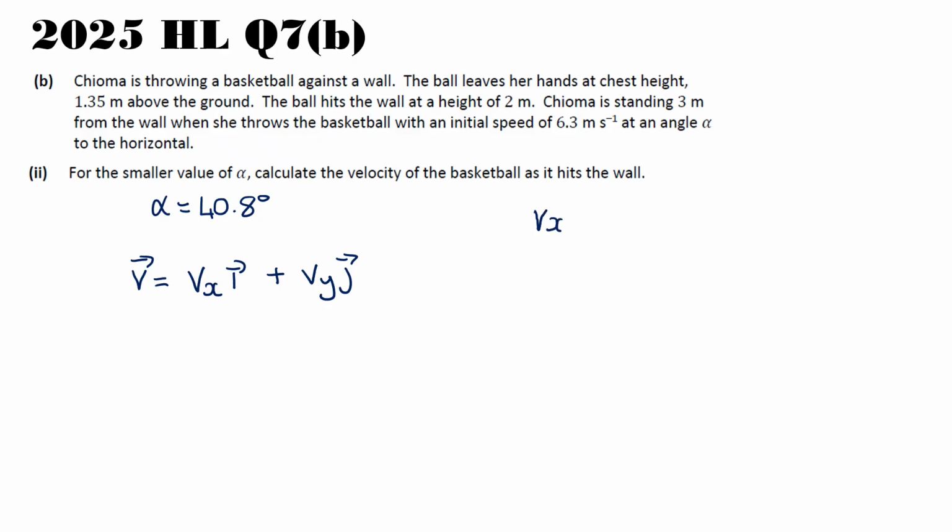Our Vx is going to equal our Ux, which is going to be 6.3 cos of 40.8 degrees. So let's put that in, 6.3 cos 40.8, and it works out as 4.769.